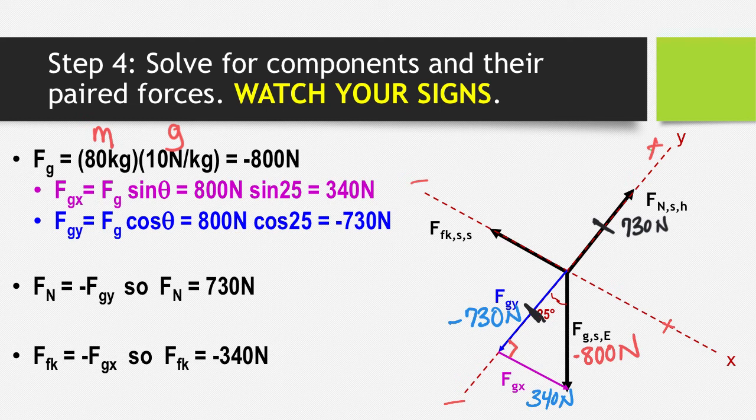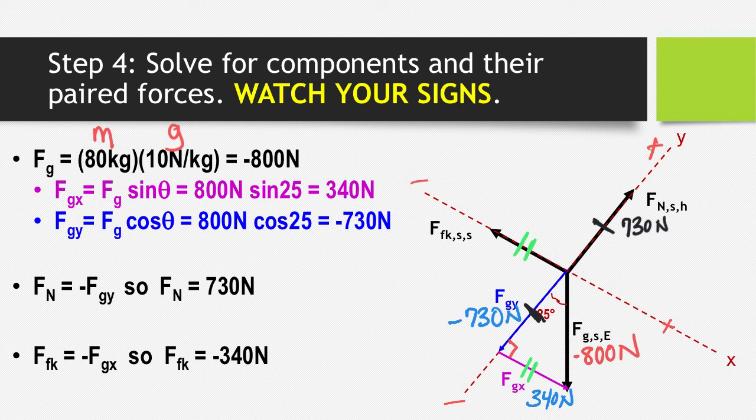And if I look at my frictional force right here, because my problem tells me we're traveling at constant velocity, there has to be a force balancing that frictional force. And it is part of the gravitational force.